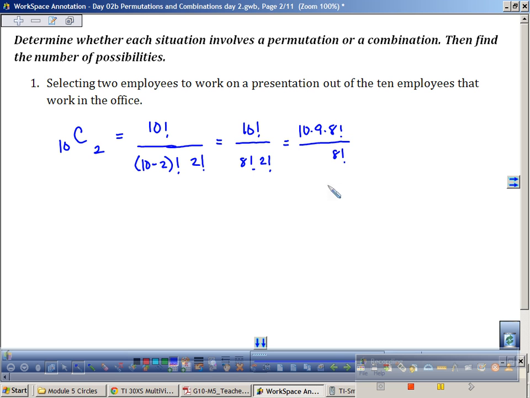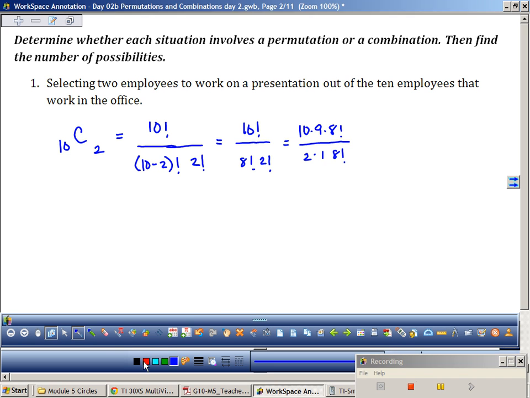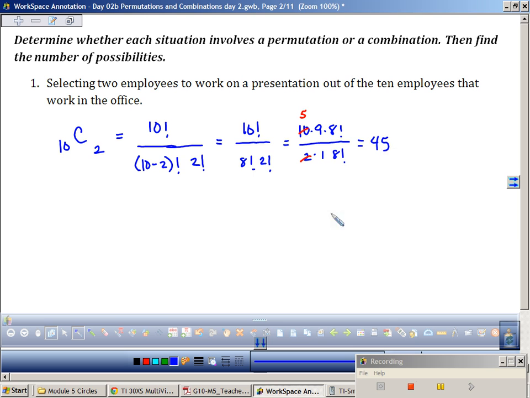I'm going to use the commutative property and switch these around. And 2 factorial is just 2 times 1. Cancel the 2 and 1, and I'm left with 5. So 5 times 9 is 45. So 45 different ways that we can select 2 employees out of 10 employees.